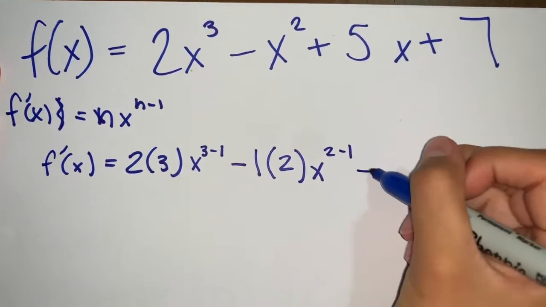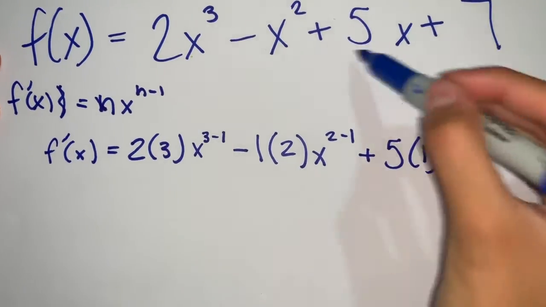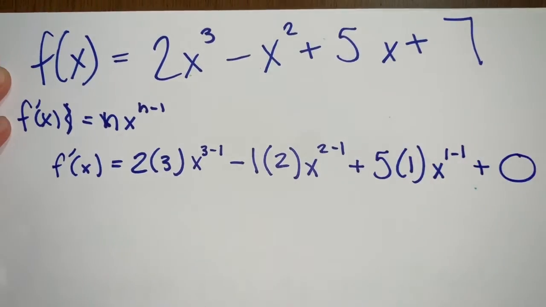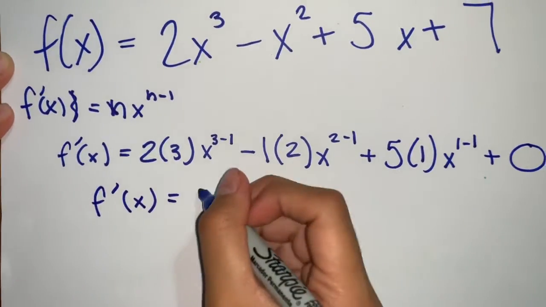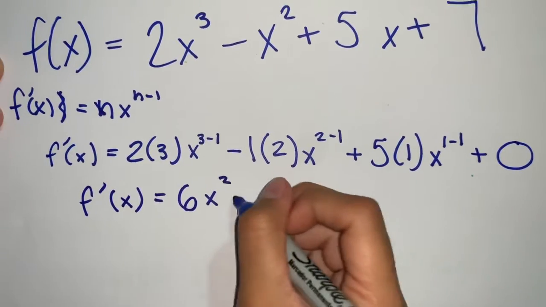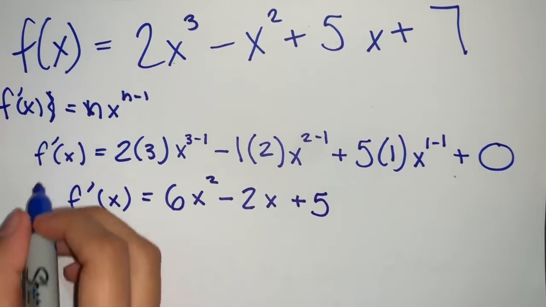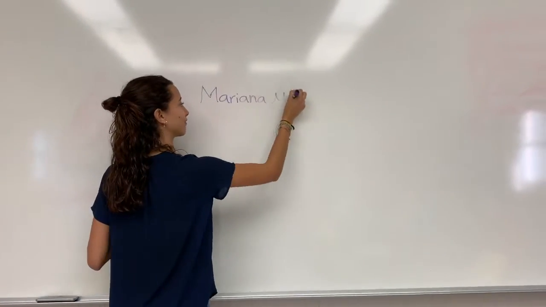And you will do this for the rest of the equation. Be careful with single numbers, such as the number 7. Since it doesn't have an x, the derivative will be 0. Now multiply and subtract to get the final derivative, which is the same one that we got before. This means that we did the differentiation process correctly.